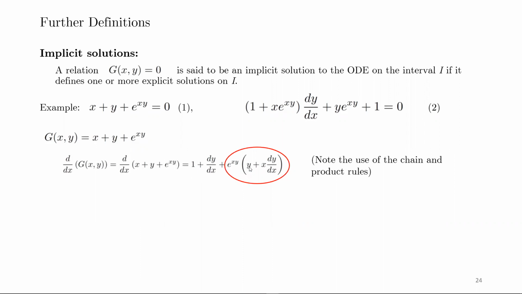By the product rule, we're then going to add the next term. We take the derivative of this thing keeping y constant, which gives us an x out the front times e to the xy. But we also have to use the chain rule, right? So we then take the derivative of the y, which is dy by dx.